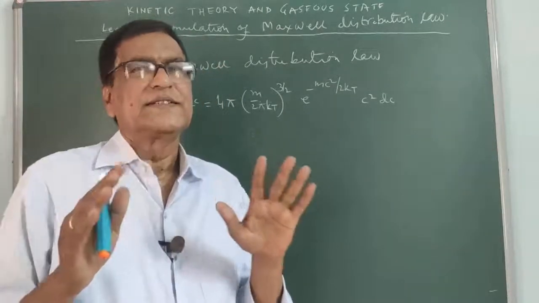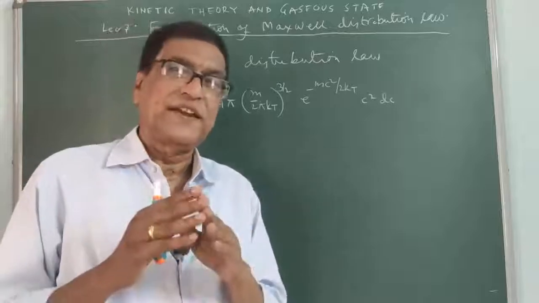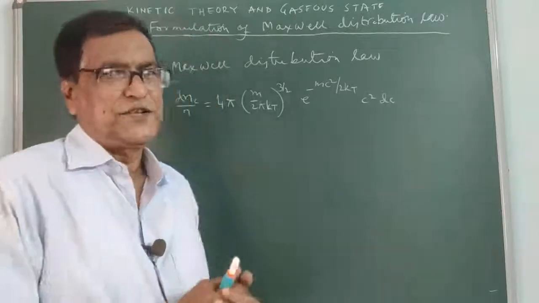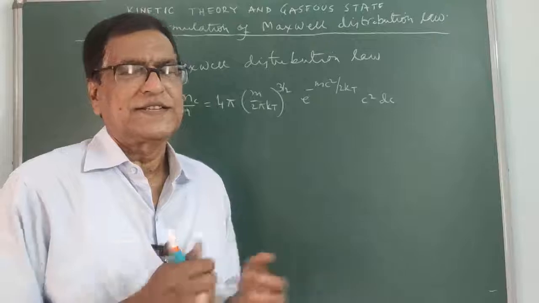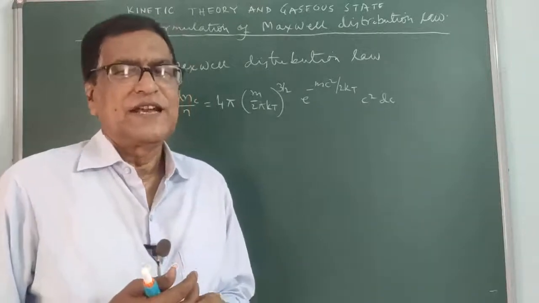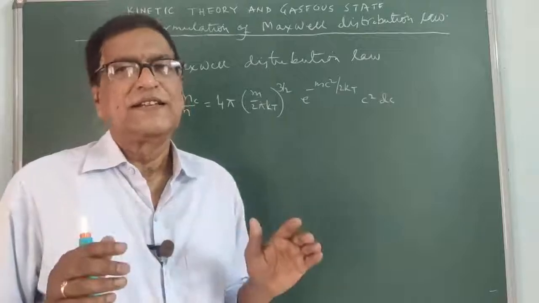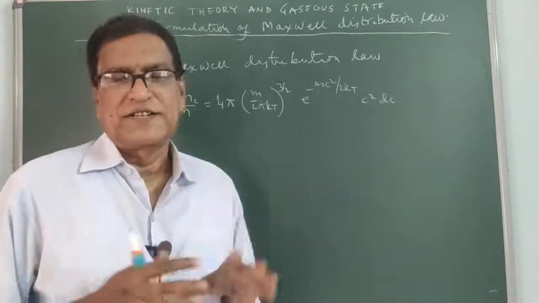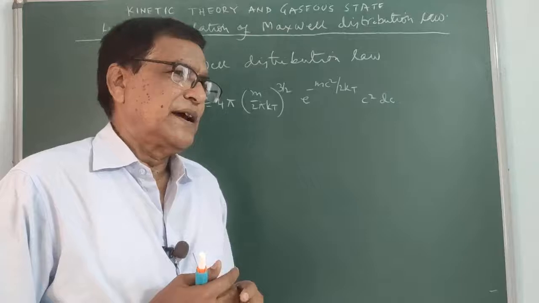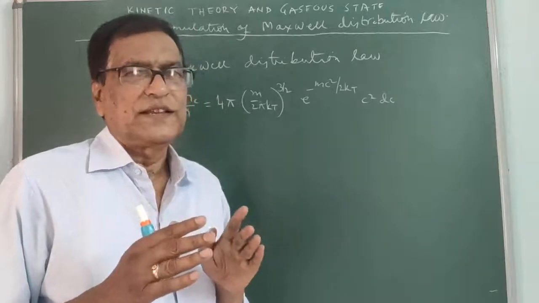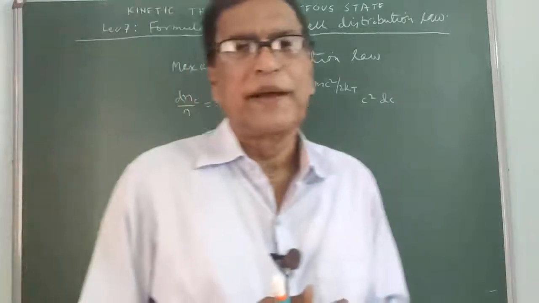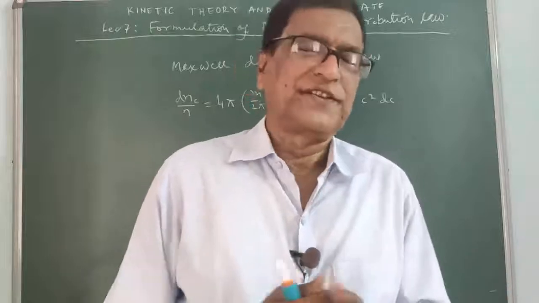The gaseous system has been taken as an idealized system, having no interaction among themselves, and the container in which this gas remains is in a stationary state, and this is also in thermodynamical equilibrium with the surroundings.